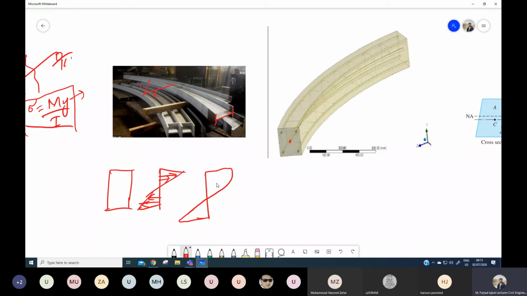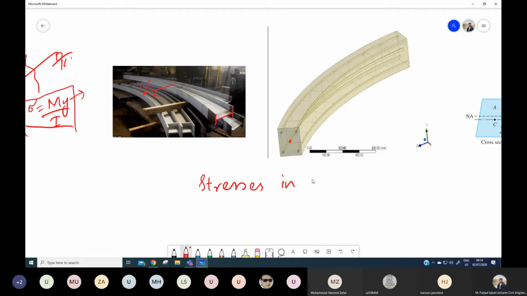So to figure out the stresses we need some formulation. The focus of this topic is to derive formulations for the calculation of stresses in the curved beam.